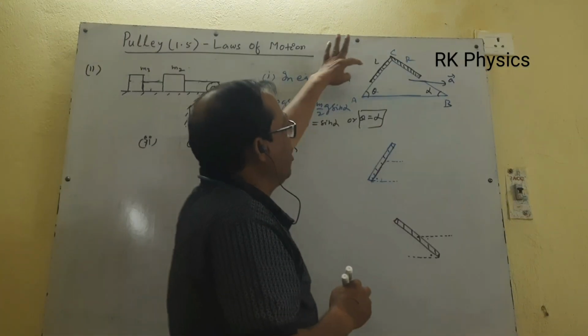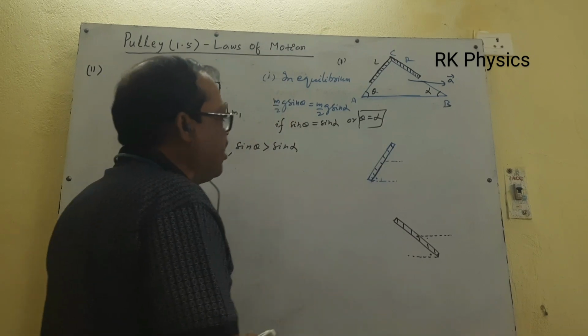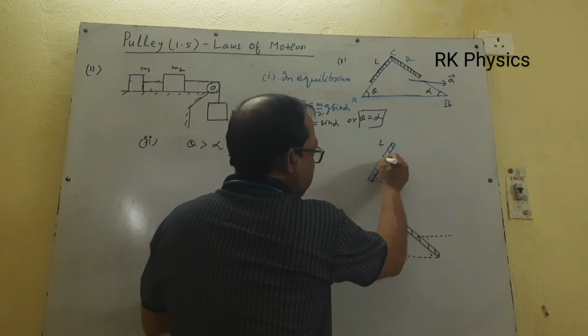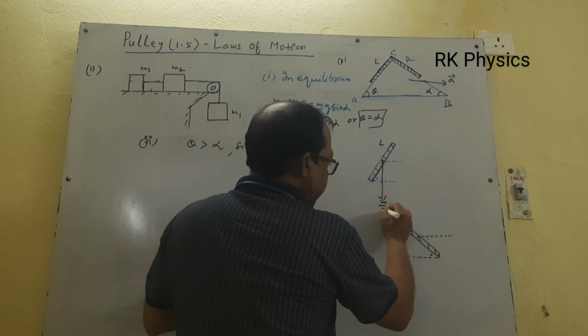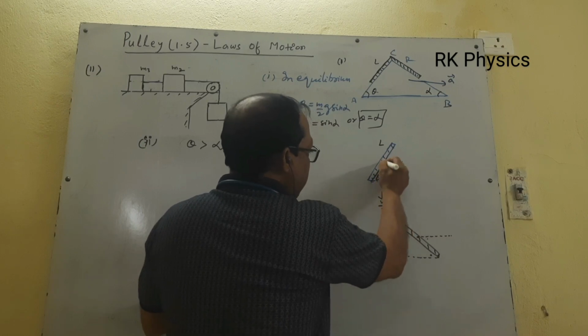To calculate, you take this section as the left section of the chain and this section as the right section. I am taking this as the left section. This is the center of gravity of the left section, with m by 2 into g acting down. This angle is the inclination theta.